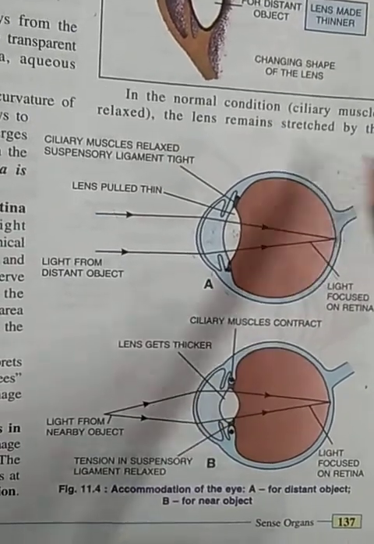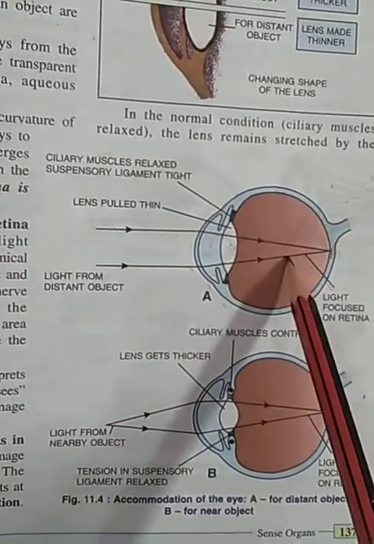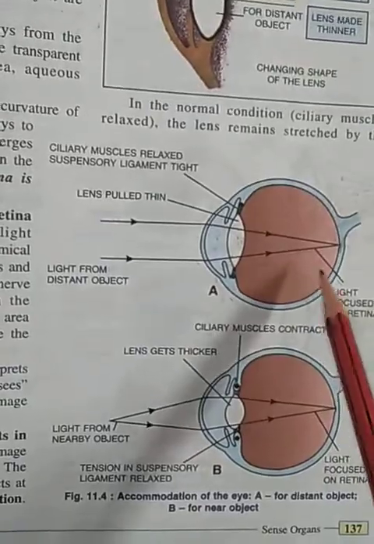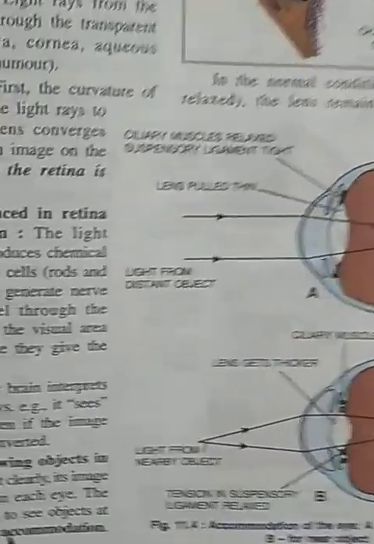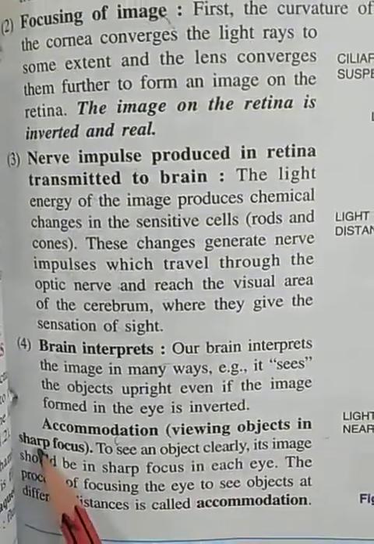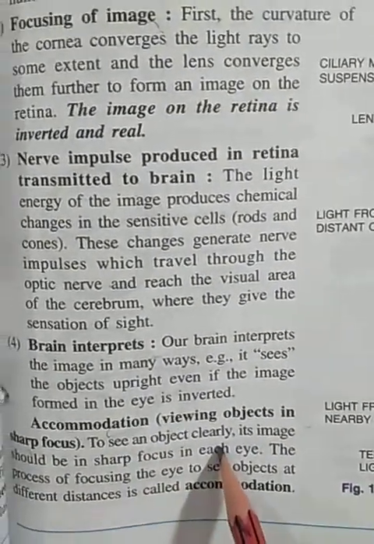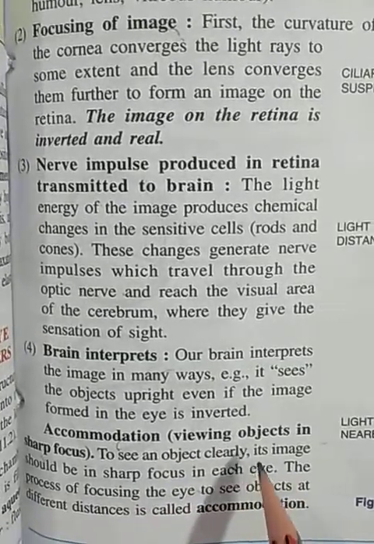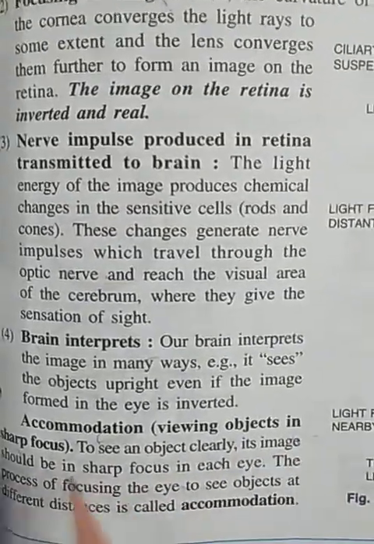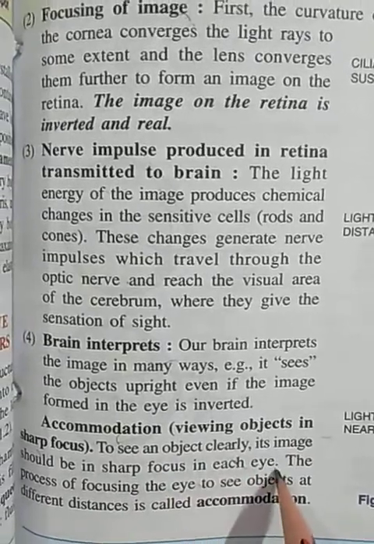Now students, there is one more point, that is known as accommodation. What is accommodation? Accommodation means viewing objects in sharp focus. To see an object clearly, it is necessary that the image of that object should be in sharp focus in each eye.